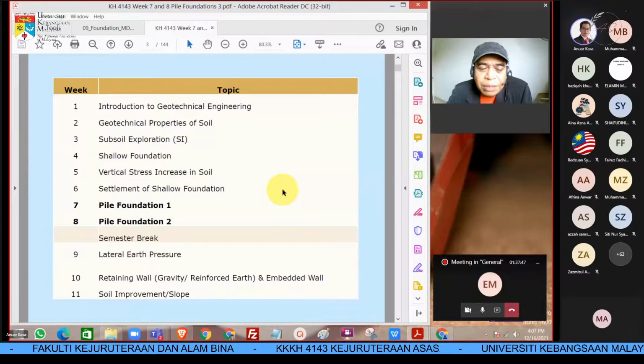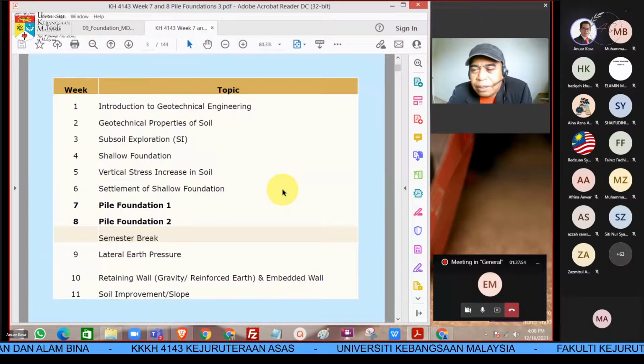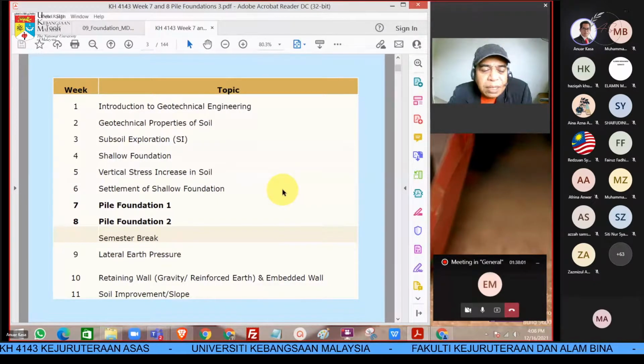Sometimes they call it the deep foundation, because in the first section of this semester, I think you already learned the shallow foundation. So piling is about the deep foundation.